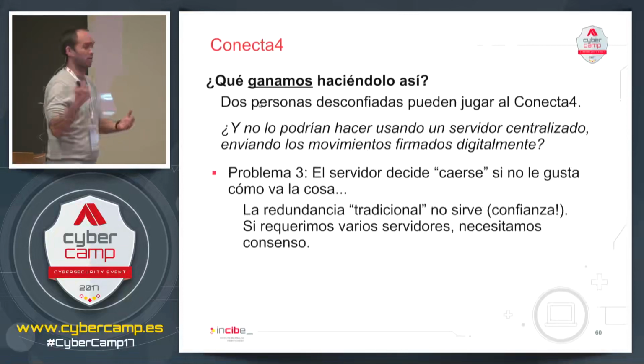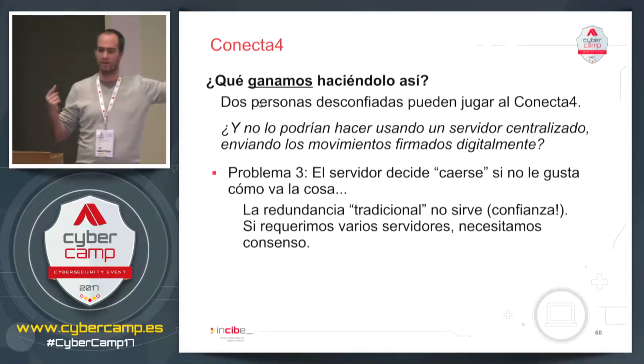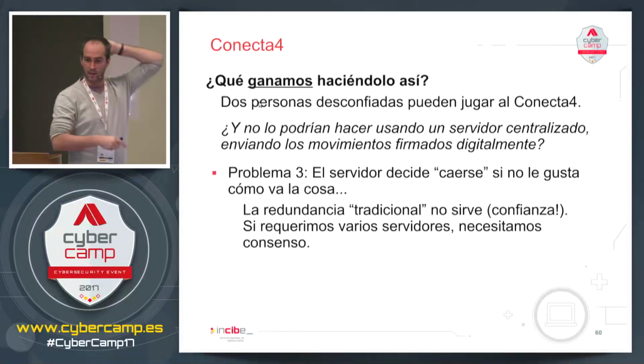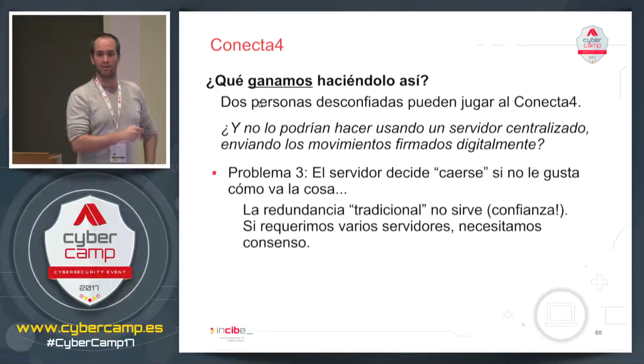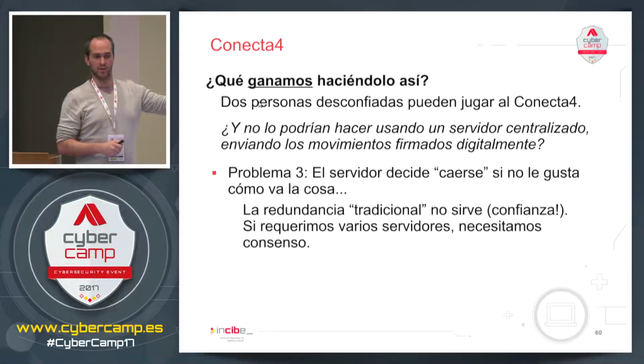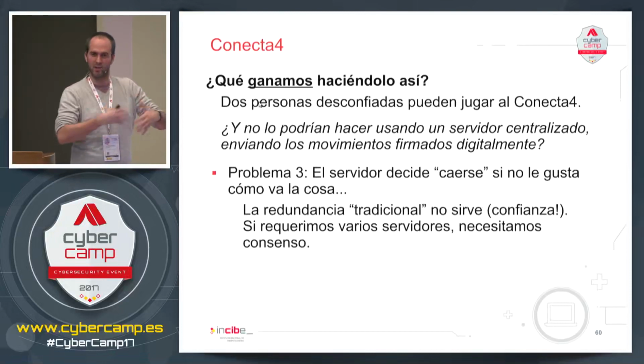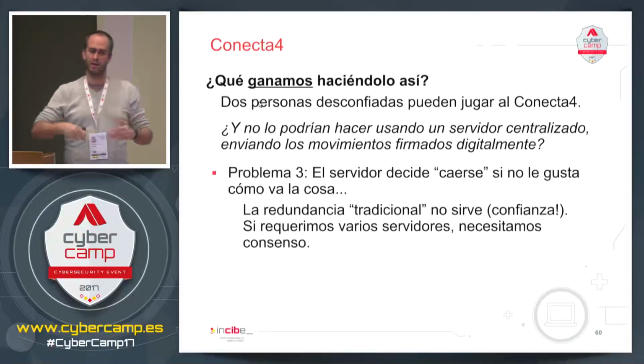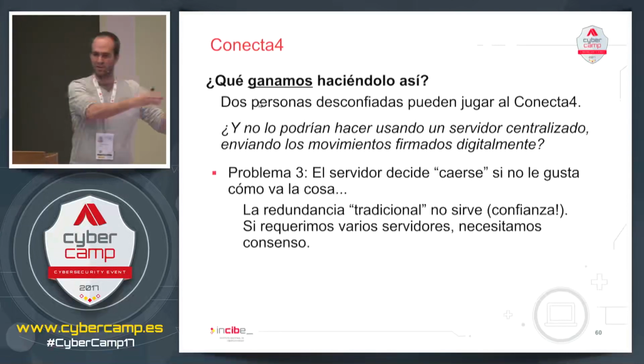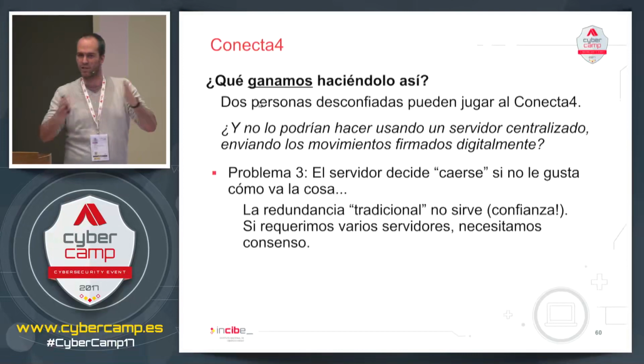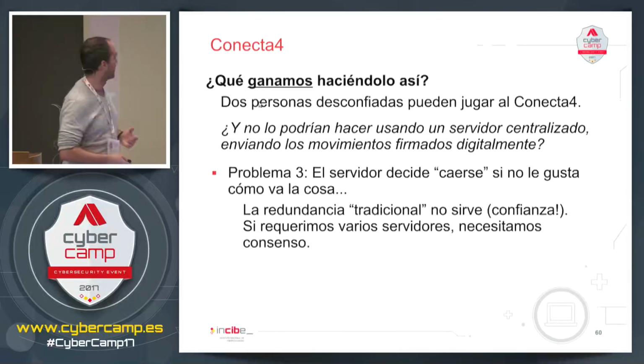And what's more, the other option is instead of using the same server, it's N servers that are controlled by different bodies. And there you have the trust problem once again. If these servers don't get along, how can they agree on the way the game progresses? They're going to start arguing, they won't reach agreement, you won't know if the movement's a valid one or not.